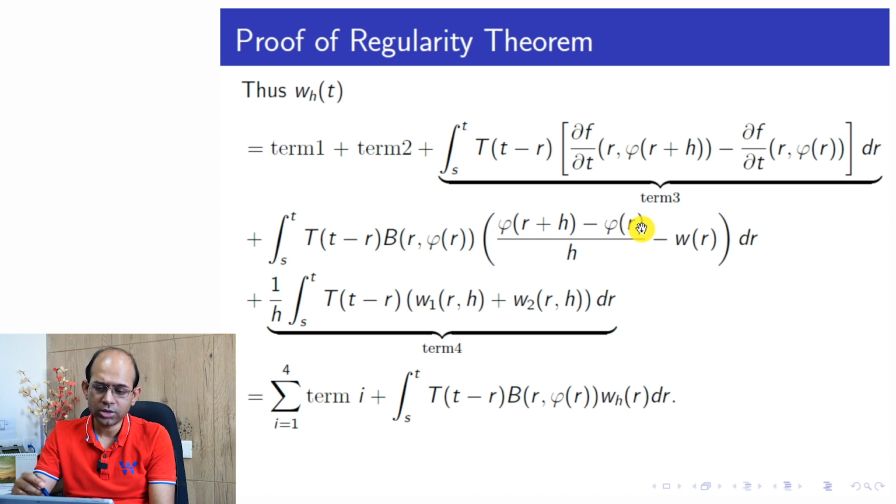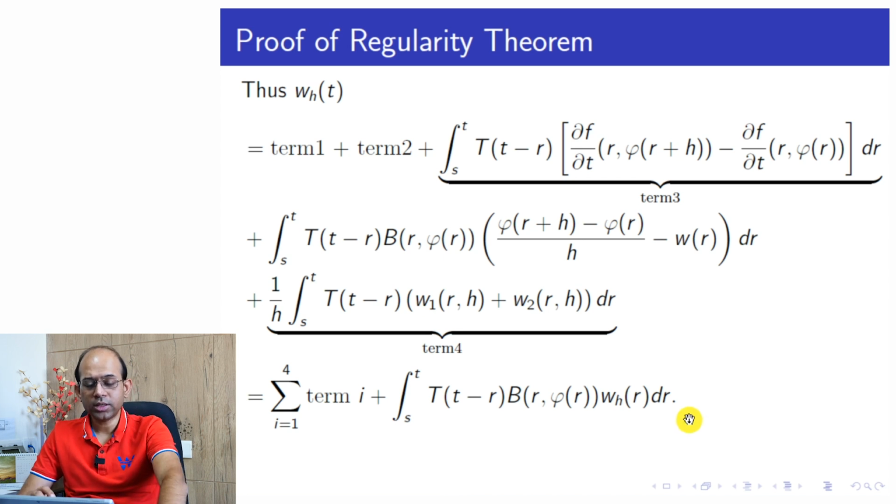So I write down this whole thing in a more abbreviated form. The WHT is equal to the sum of all these 4 terms, term 1, 2, 3, and 4, and then this term, that is integration s to t, capital T of t minus r, b of r phi r as it is, and then this whole thing is by definition WHR dr. So WH satisfies this integral equation.